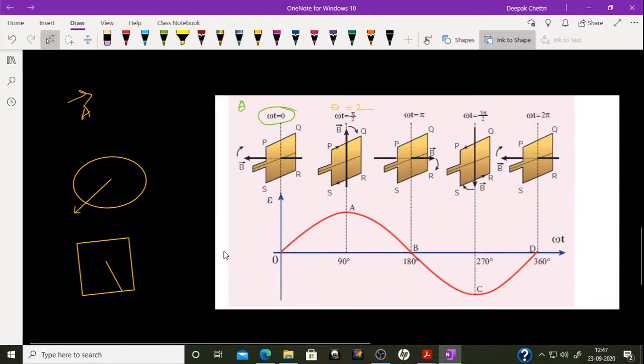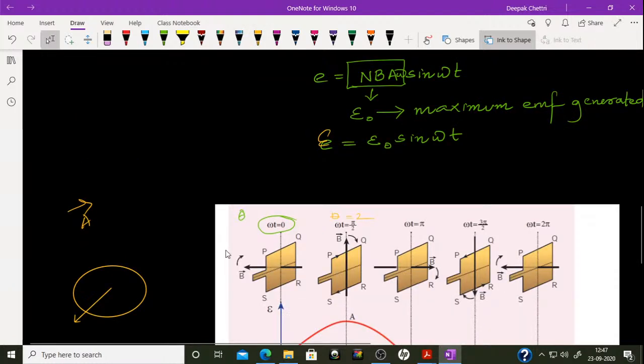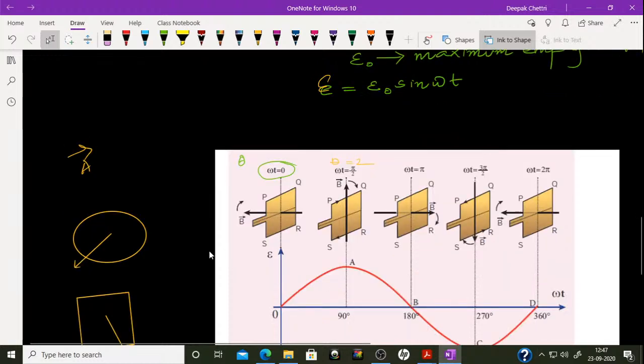Now suppose the coil rotates by 90 degrees, omega t will be pi by 2. If you put pi by 2 here, you will get E naught, the maximum, so that occurs at this point. After some time the coil will rotate by pi by 2 once more, so the total angle will become pi, sin pi is 0, so again this will become 0.